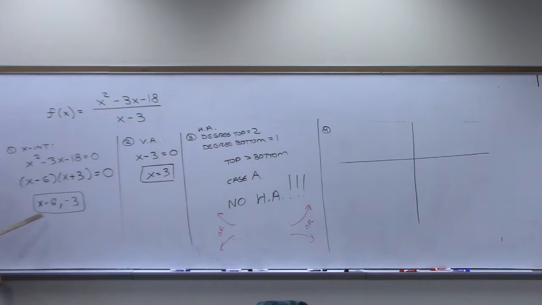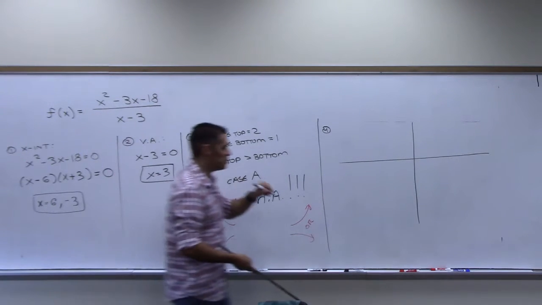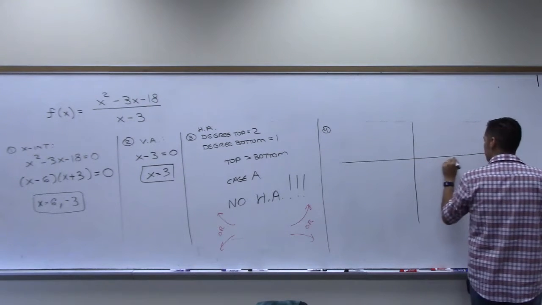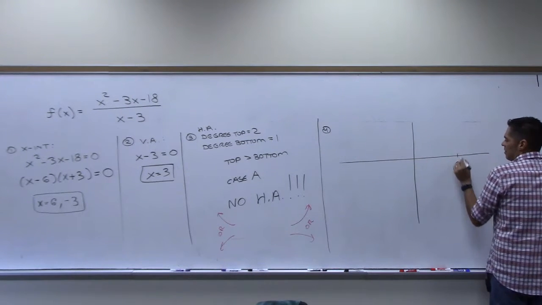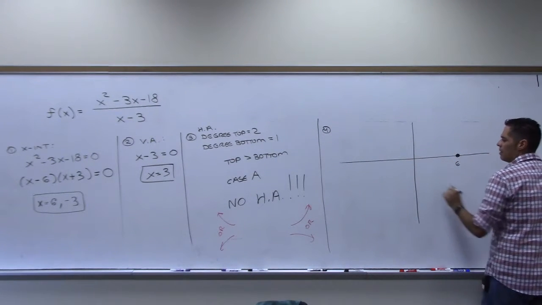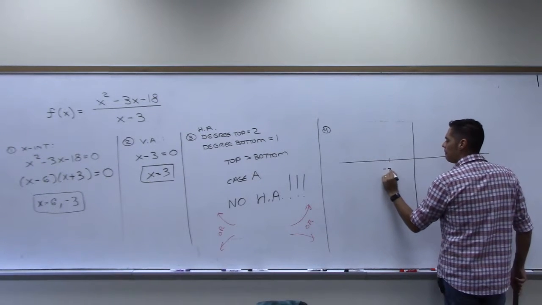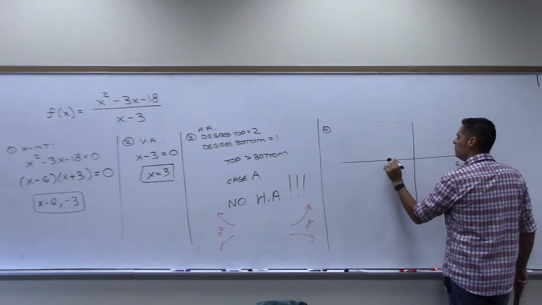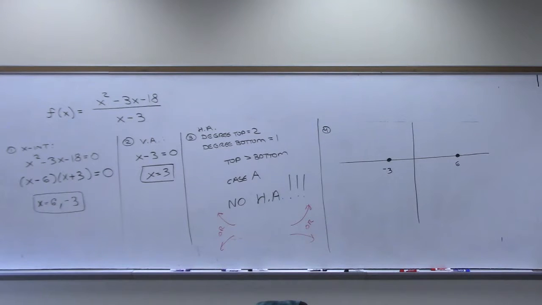So when I put them on here, they're going to be (6, 0) and (-3, 0), on the x-axis. Just put a dot, right? That's what you want. So dot at 6. Let's say negative 3 is about here. 2 x-intercepts.